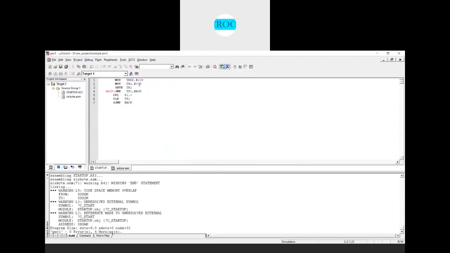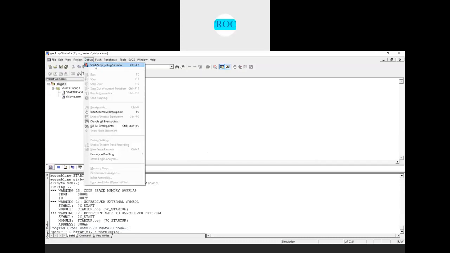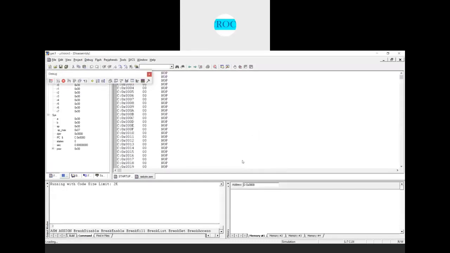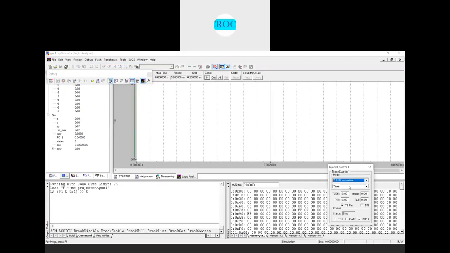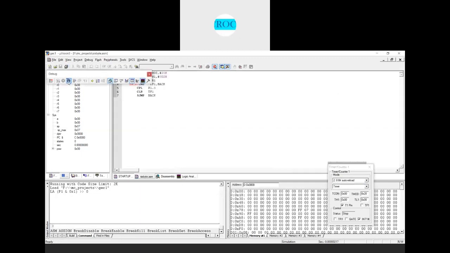Now the initial count value we got is D2H. It will go to 8-bit auto reload, timer 1 is selected. Now as you keep on running this, it is loaded with D2H.